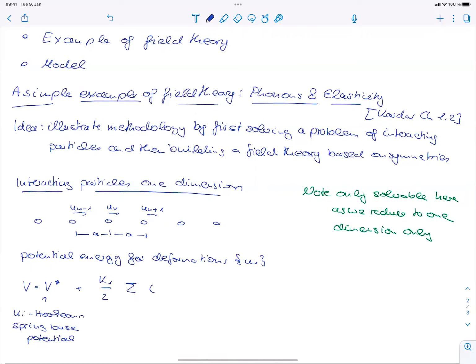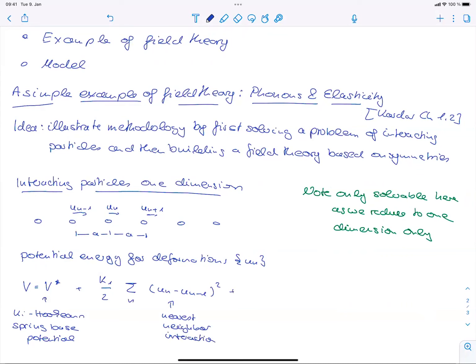Now, looking at the difference of all of them individually, because they're ordered in a line, I only have to look at the nearest neighbor interaction, so u_{n+1} minus u_n.